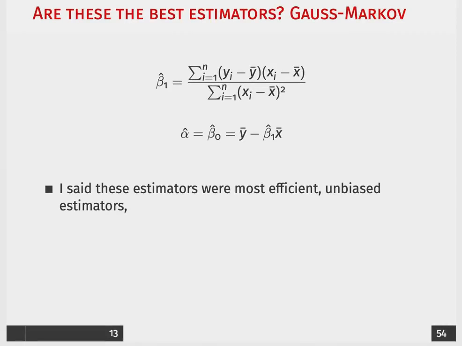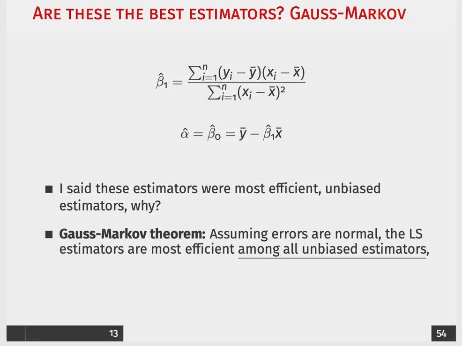And before, I have kind of waved my hands and just said that these are the most efficient and unbiased estimators, but I haven't really described why. And essentially what we're doing here is, since we're assuming all of the errors are normal, the least squares, and remember, by errors are normal, I mean normally distributed around 0 with a variance of sigma squared.